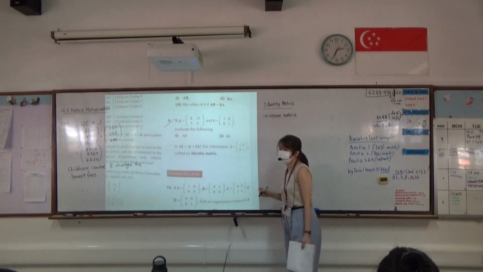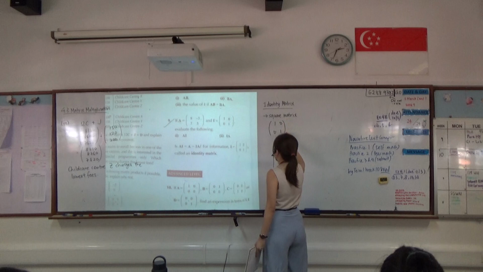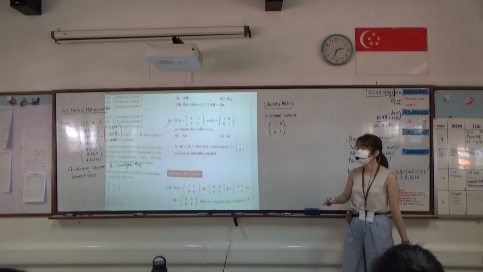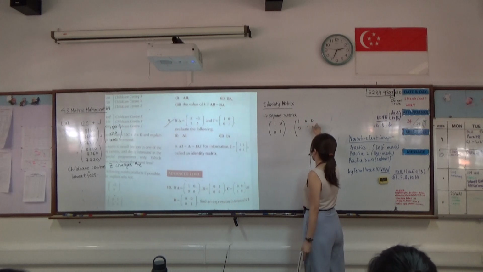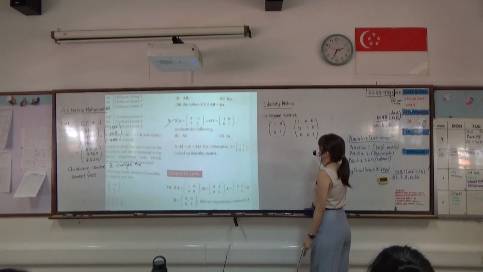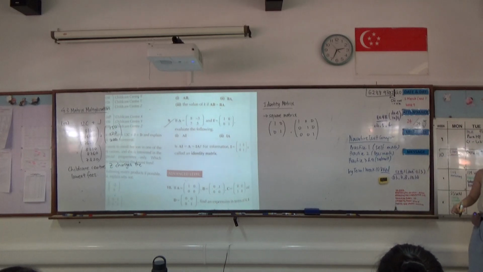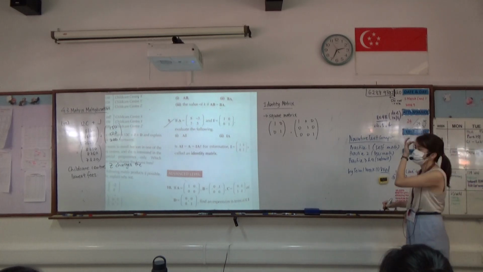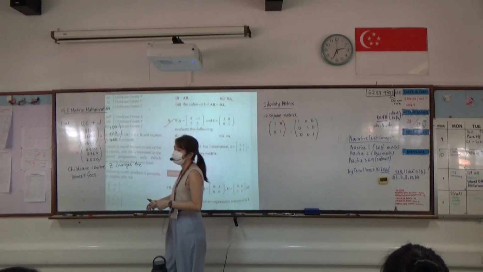So it comes in different forms. We will have our 1001, which is a 2 by 2 matrix, or a 3 by 3 form, which is a 100, 010, and 001 matrix. So we notice that the diagonals will always be 1.